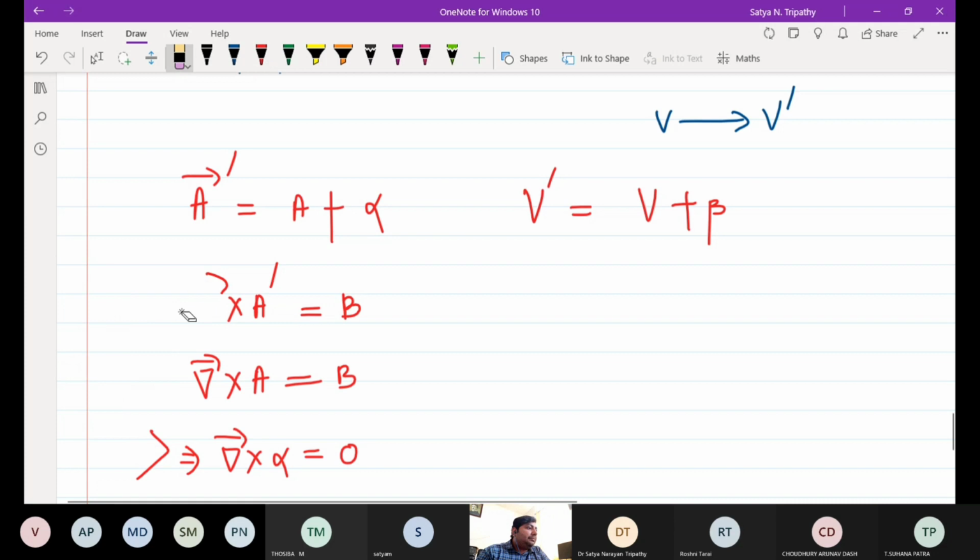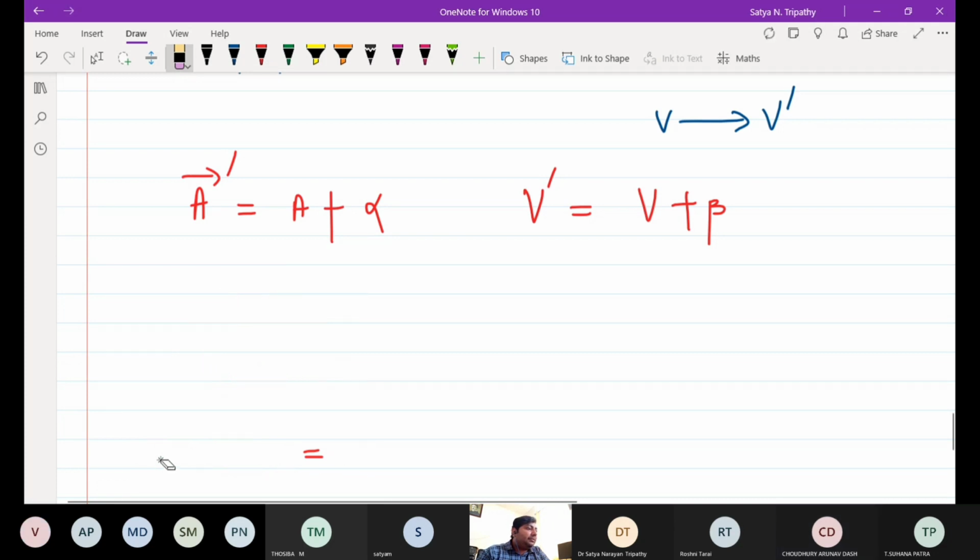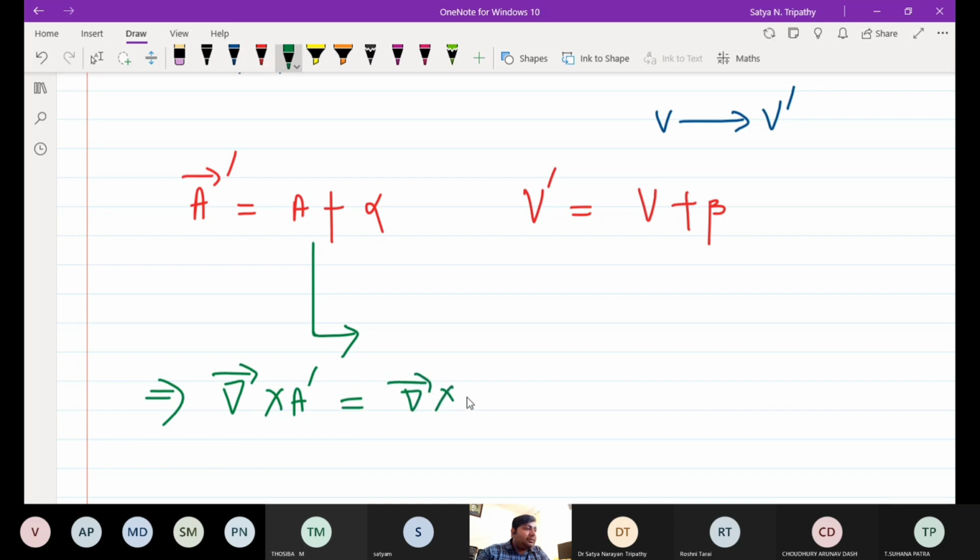Let me do that in a better way, because these potentials are very, very important. Let me take the curl of this equation. Del cross A dash is equal to del cross A plus del cross alpha.